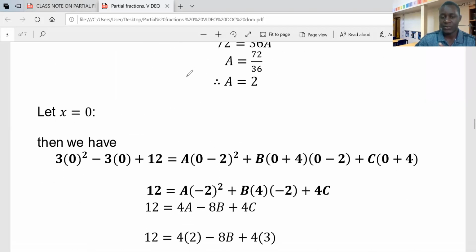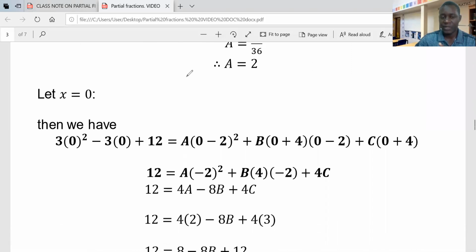So I'm going to pick the value 0. So if I pick 0, I'm going to have 0 minus 2, so that gives me a times minus 2 squared plus b times, remember here is 0. So when you substitute 0 all over, you're going to have this equation: 12 equals 4a minus 8b plus 4c.